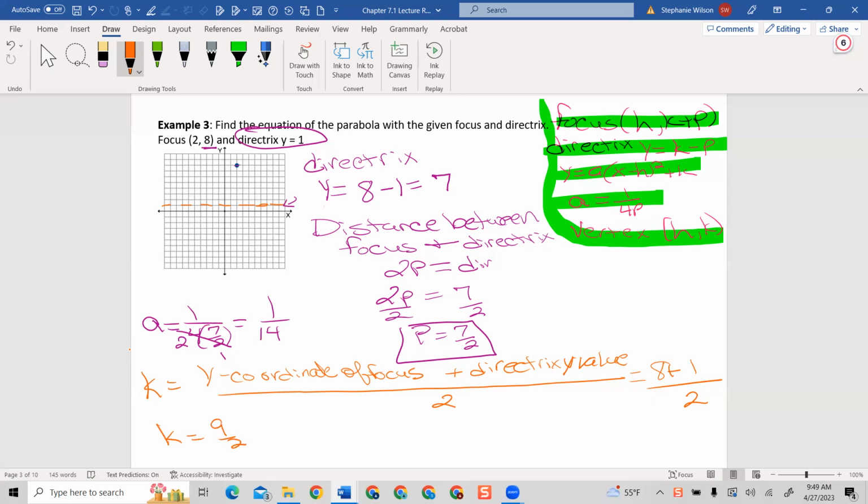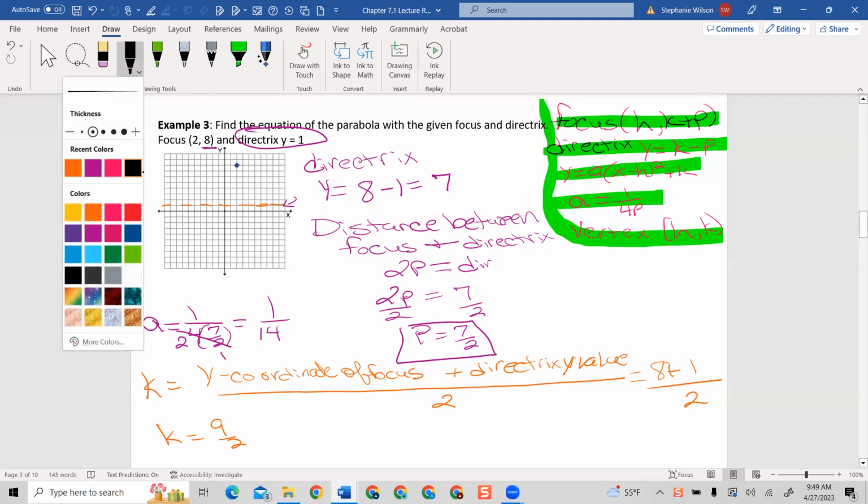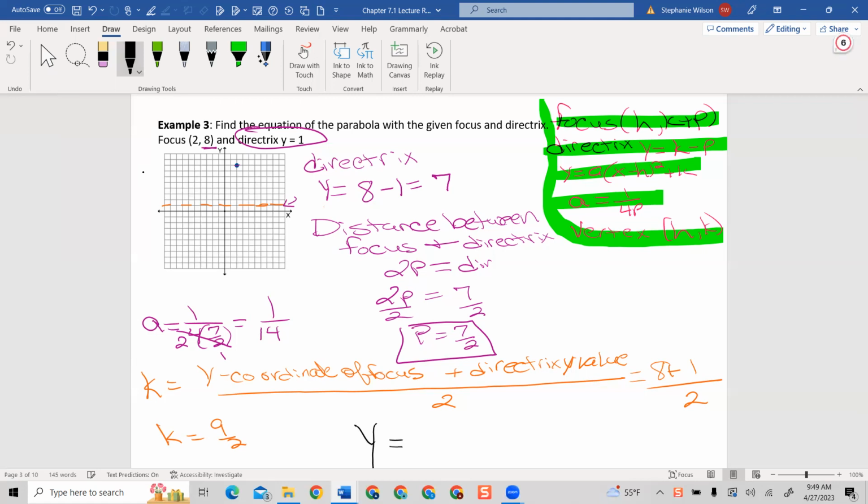And now that I know all of that, I can turn around and plug that all into the function that they're asking us to create based upon the information given. So I know that y is equal to my a, which is 1/14, times x minus, what is my h? When we look at what our h is, we're going to look at the x value of the focus, because remember, the vertex is going to fall the same as the x value of the focus if and only if we're working with the regular formula.